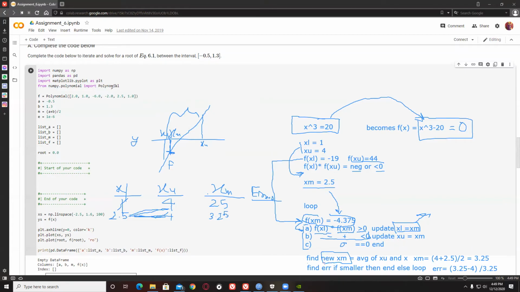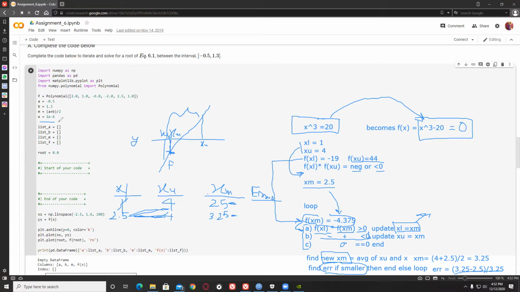The formula of the error is given in the equation above, but here I have done so as well. So now we have two xm to compare with. One is the old xm, one is the new xm. And here we compare the two xms and generate the error. And if the error is significantly small, so we set a threshold.